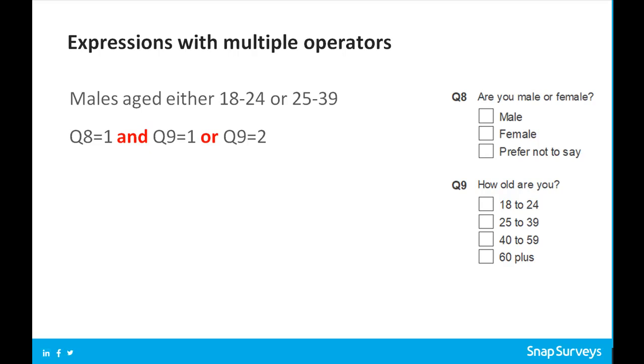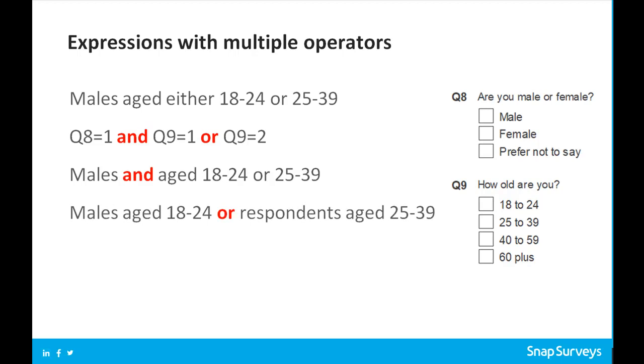The issue here is the fact that I'm using and or in the same sentence, and the two operators will just conflict as we don't know which question they're going to apply to. It could be interpreted as either the males aged 18 to 24 or 25 to 39, or perhaps it could be read as the males aged 18 to 24 or any respondent who's aged 25 to 39.